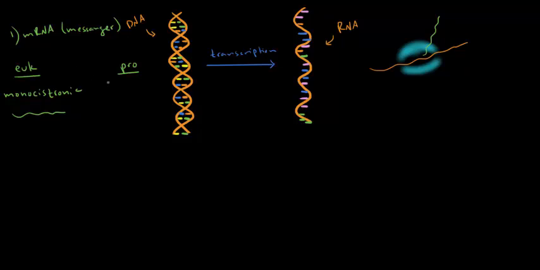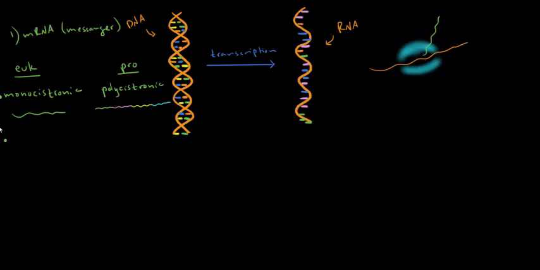Prokaryotic mRNA can be polycistronic. That means you can have one piece of mRNA coding for a few polypeptides. So you might have one part that codes for one polypeptide, and the next part codes for another one, maybe a third and a fourth. And usually when you have a piece of polycistronic mRNA, the polypeptides being coded for are related in function in some way.